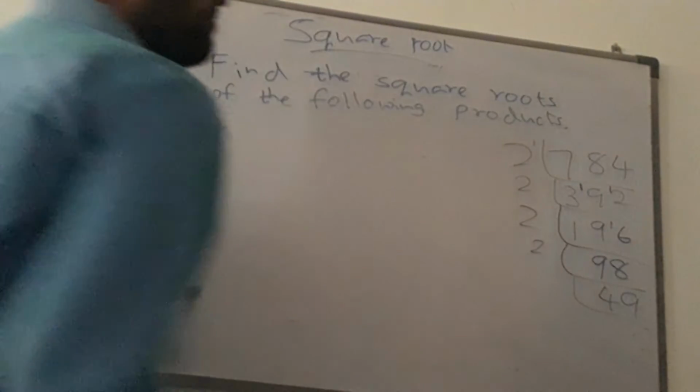Don't worry. 49. 49 is an odd number. Is it divisible by 2? Odd, no. Then 3. 49, we will try the digital root. 4 and 9 together 13. 13 is not divisible by 3. And what about 5?